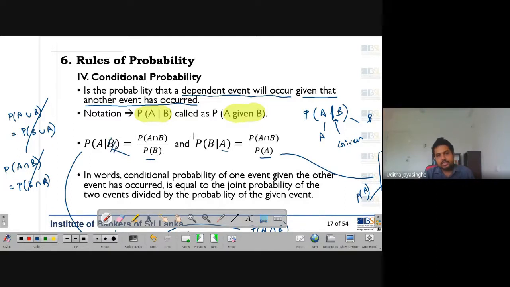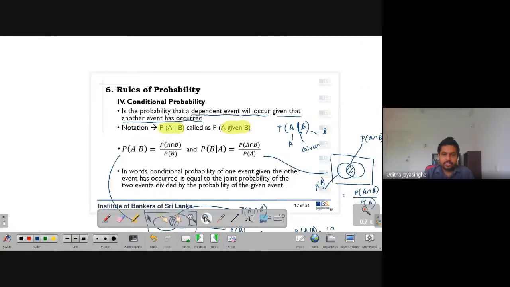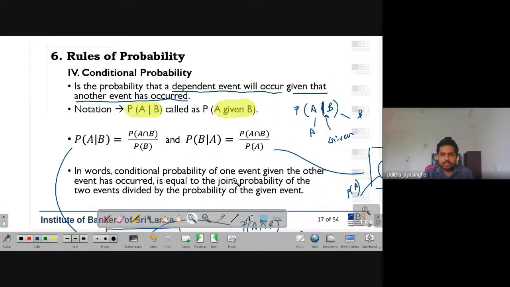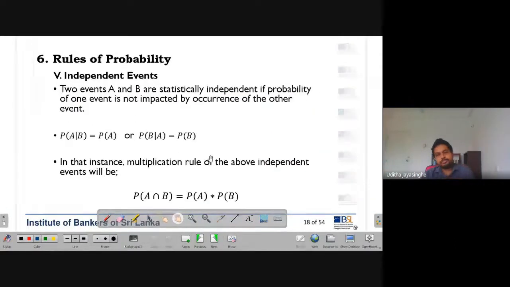B given A, A goes to the bottom. A given B, B goes to the bottom. That's a very easy way to keep things in mind. Okay, got the broad idea. There's something called conditional probability where you can discuss two events, the second event occurring provided the first event has occurred. That's the broad idea of conditional probability.